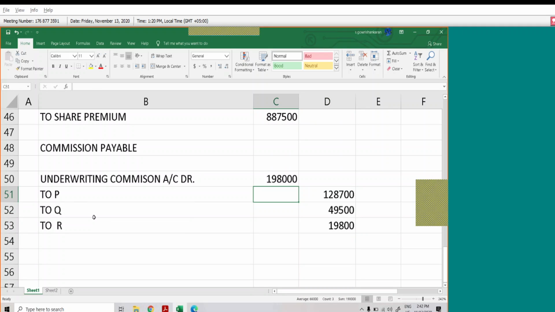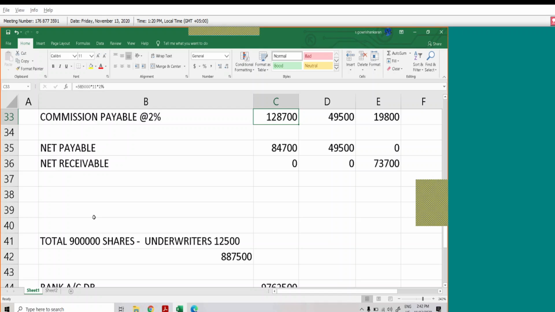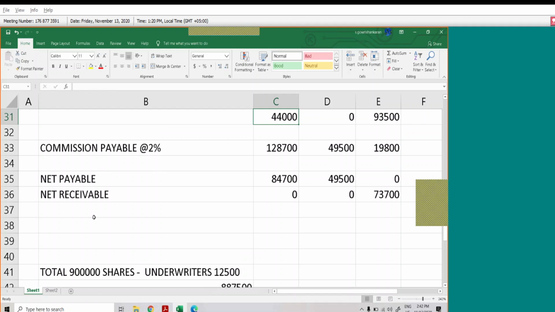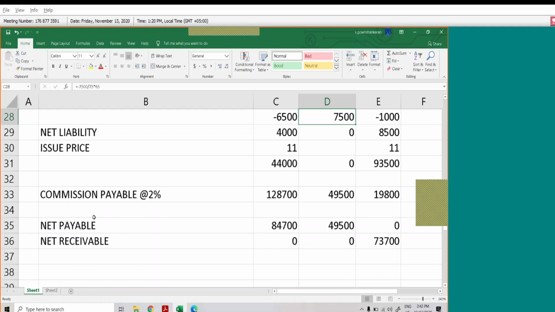This is what we have to pay to these guys. But what happens? Here, net receivable versus net payable.